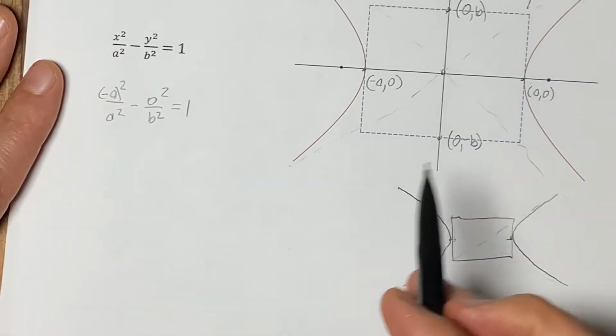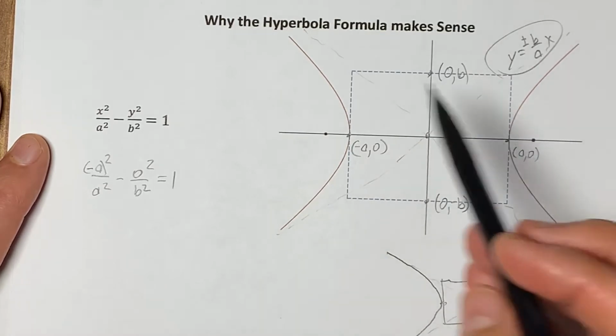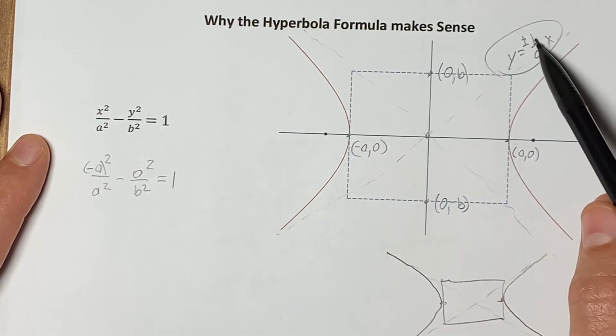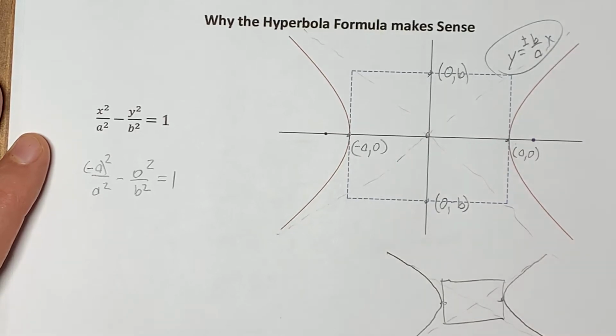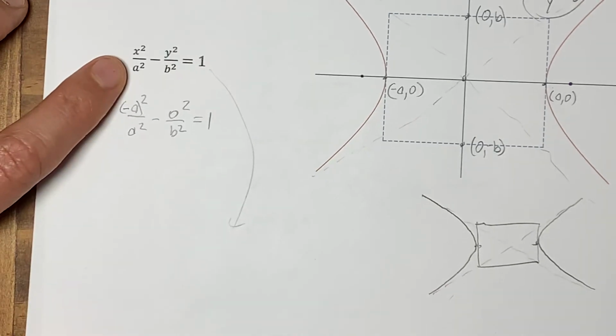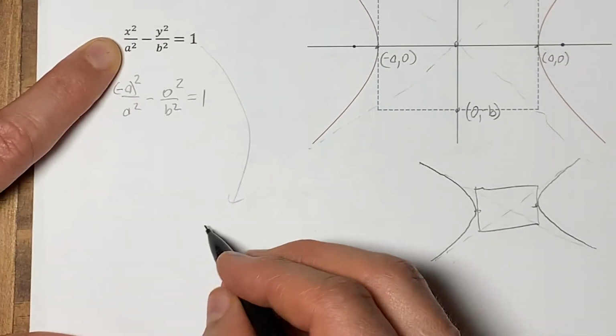But that sort of obscures the main point, which is why on earth is that an asymptote? Why on earth should I assume as x gets really big that y should get really close to (b over a) times x? Well, to find an asymptote, we need to solve this equation for y, I guess.